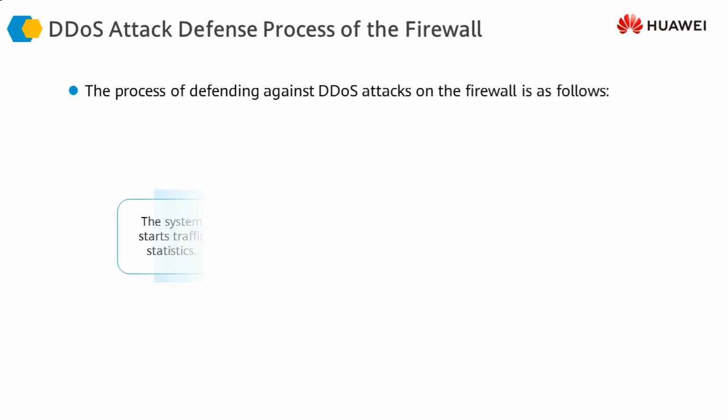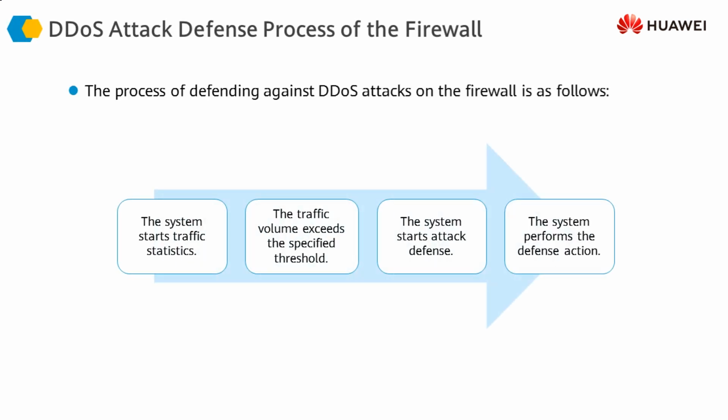And the last slide of this module is just to summarize how the firewall defends our network against DDoS attacks. It's a very simple slide which is summarizing the firewall DDoS defense mechanism. The firewall is going to do traffic statistics analysis.